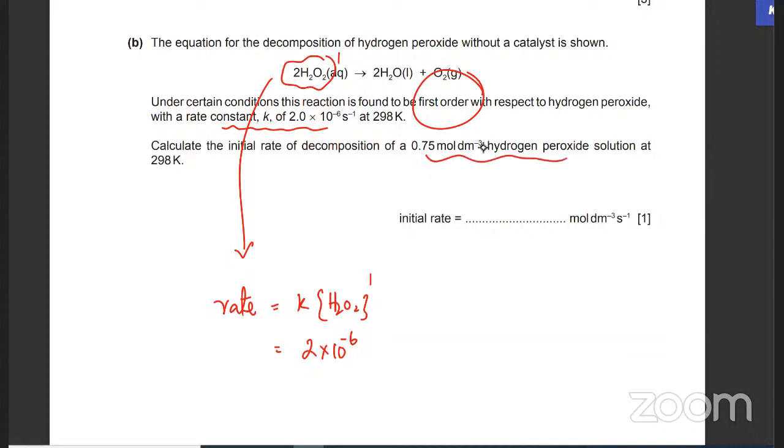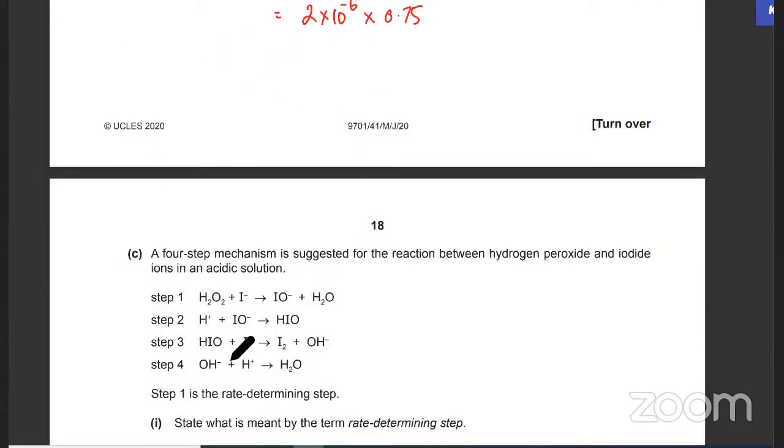That's also provided. So that's 0.75. That's it. So find out what is the value that you're getting. 1.5 times 10 power minus 6.